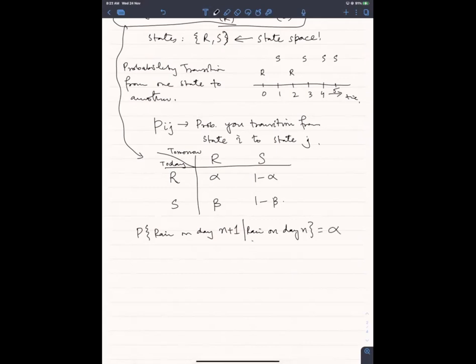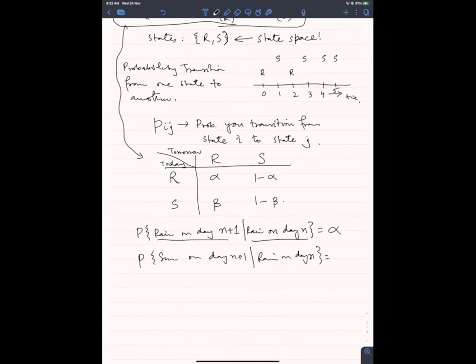So given that you have rain on day n, what is the probability you will have rain on the next day? It is alpha. So similarly, the probability of sun on day n plus 1, given that you have rain on day n.